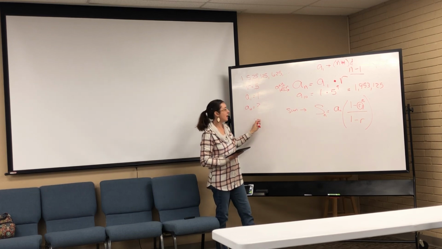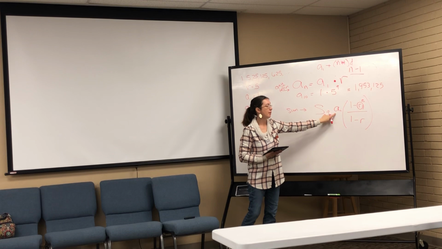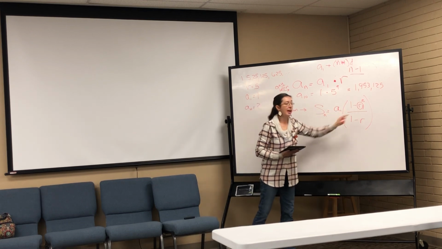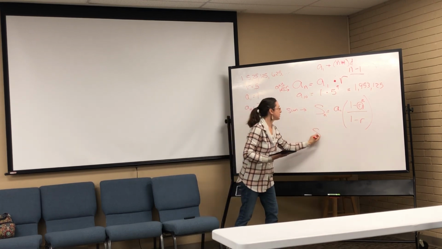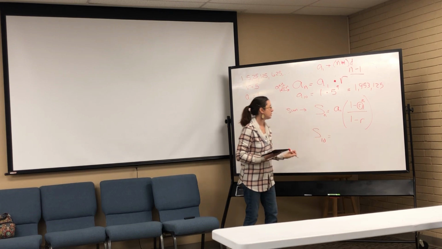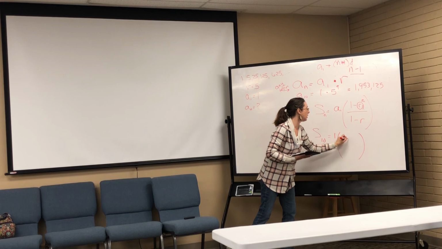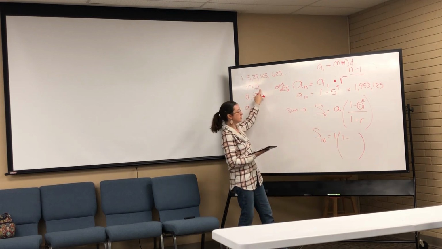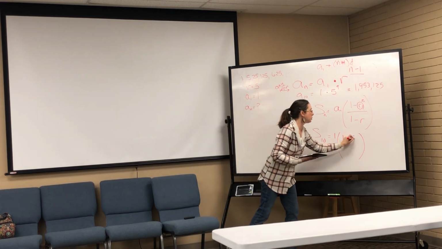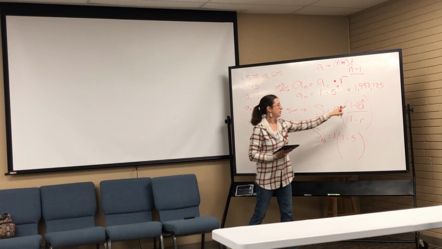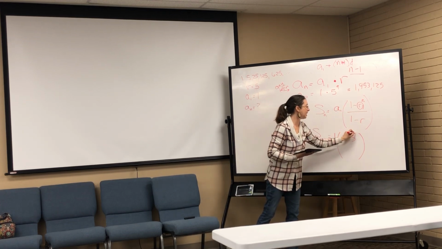To find the sum, I just need my first term and what I'm jumping by. So my sum of 10 terms means I take my first term of 1, and then what do we plug in? 1 minus, where's my r? 5. 5 to the what? 10. 5 to the 10.